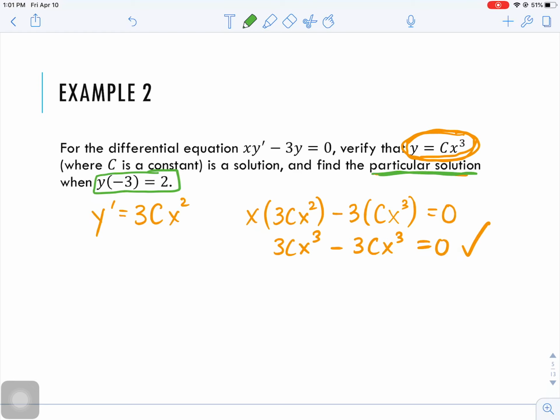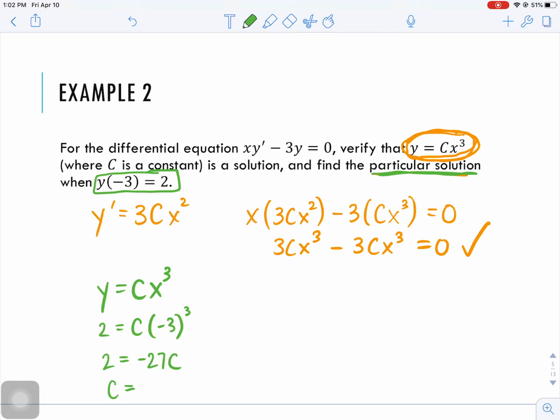And writing y of negative 3 equals 2 is the same thing as writing f of negative 3 equals 2. So we want to take our general solution, y equals cx cubed. We're just going to solve for c. The y coordinate is 2 equals c times the x coordinate is negative 3 cubed. So 2 equals negative 3 cubed is negative 27 times c.